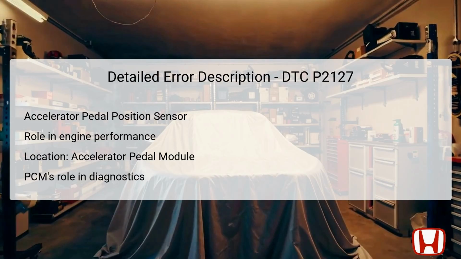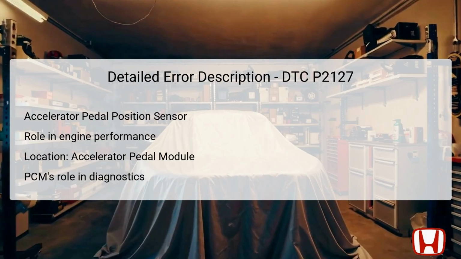The APP sensor is typically located near the accelerator pedal assembly in the driver's footwell area. The sensor communicates with the PCM via signal wiring, specifically reporting values that help determine vehicle speed and engine load.